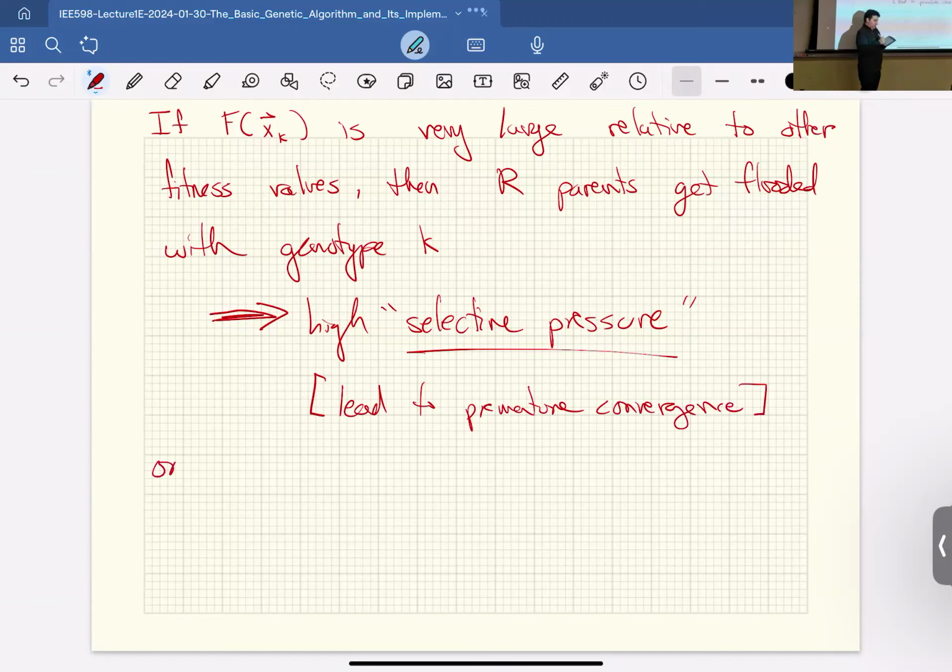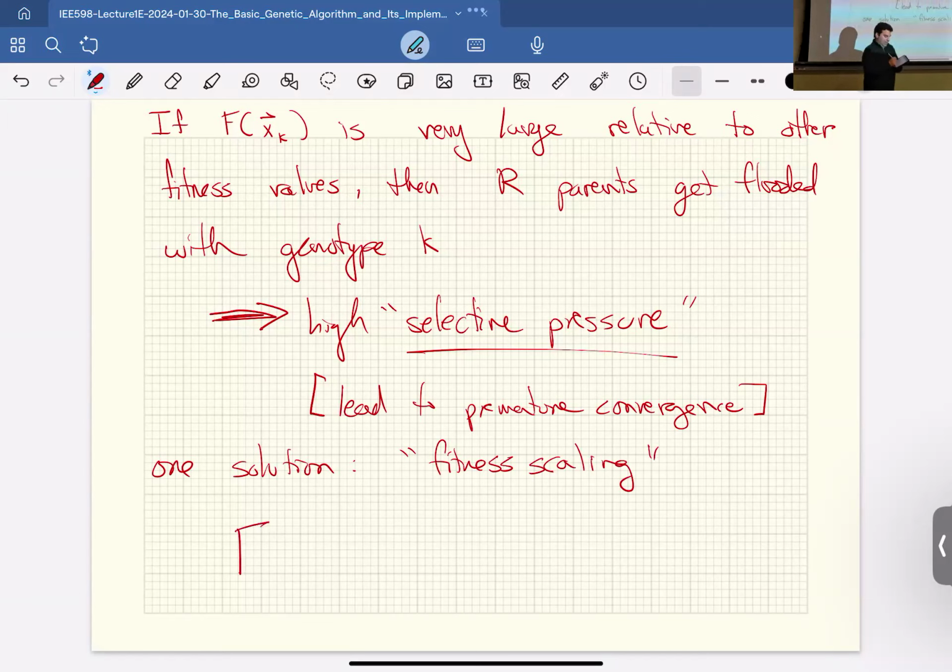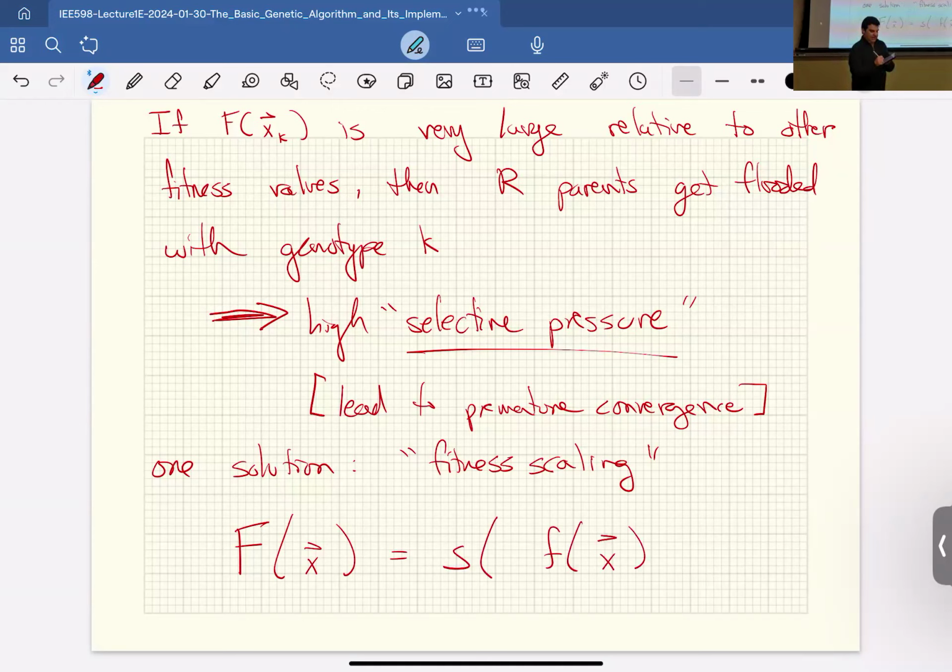And so one solution is to implement fitness scaling. So basically, in your mapping, when you form your F, F of your genotype is going to be equal to some scaled function around your fitness objective.